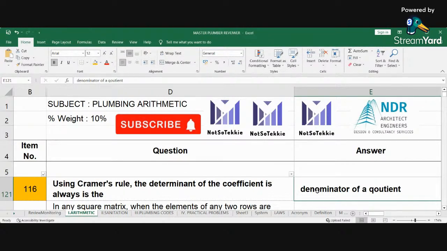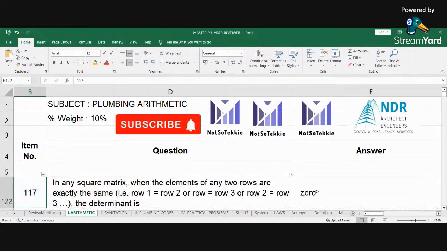Yeah. Using Cramer's rule, the determinant of the coefficient is always the denominator of a quotient. 117. Di ba may right click yan? Pwede pala yun.